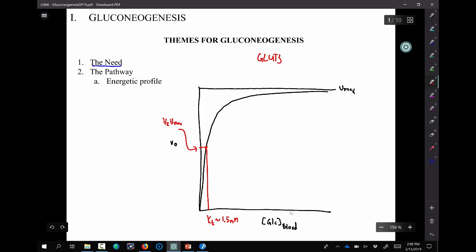I'm going to go ahead and draw this. Let's say that somewhere about here would be the lowest concentration of glucose you would find in the bloodstream, about 4 millimolar. About twice that would be 8 millimolar, and that would be about the highest concentration of glucose you see in the bloodstream.